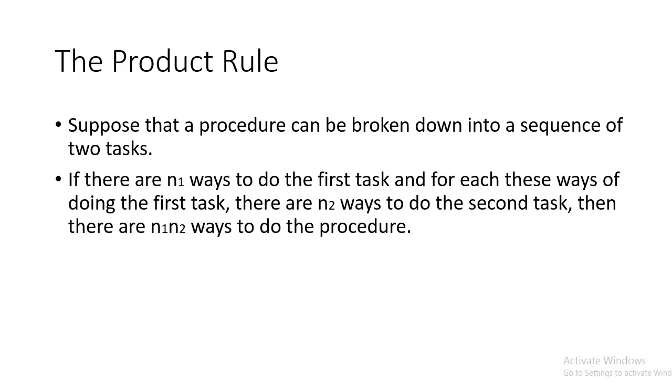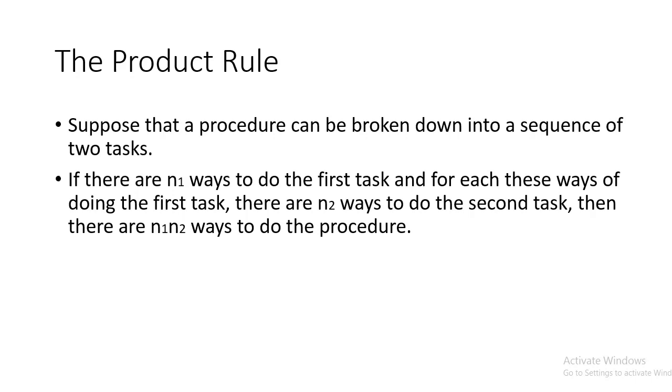Then we conclude that there are n1 multiplied by n2 ways to do the procedure. So this whole task can be completed in n1 times n2 ways. This is our product rule, and this is the description of the product rule.